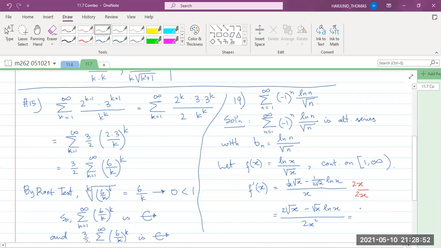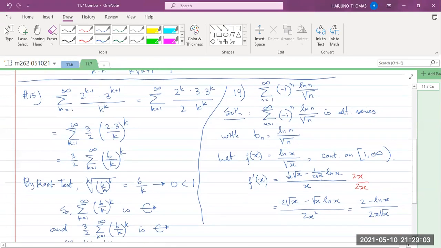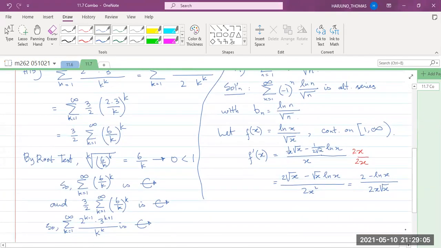Factor square root of x: square root of x times (2 minus natural log of x) over 2 times x radical x. But the denominator is positive, right? 2x radical x is positive on 1 to infinity. It's actually positive on 0 to infinity.